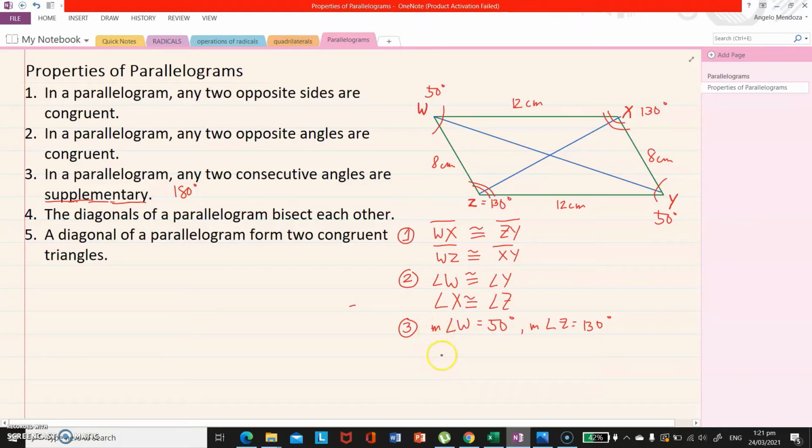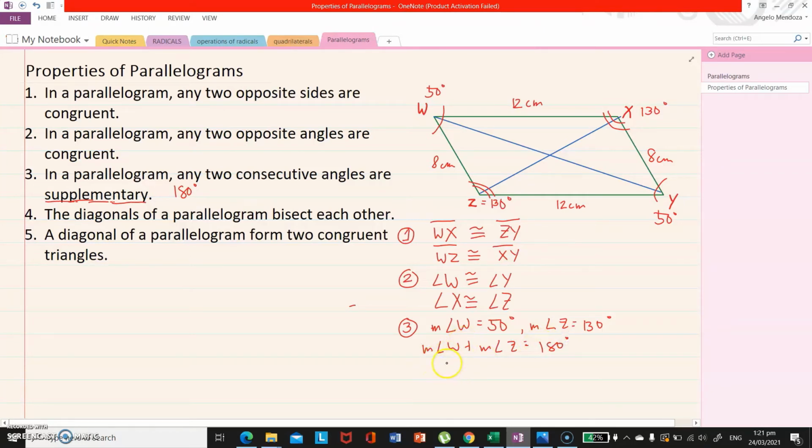So, since the angles W and Z are consecutive angles, therefore they are supplementary. That means the measure of angle W plus the measure of angle Z is equal to 180 degrees.